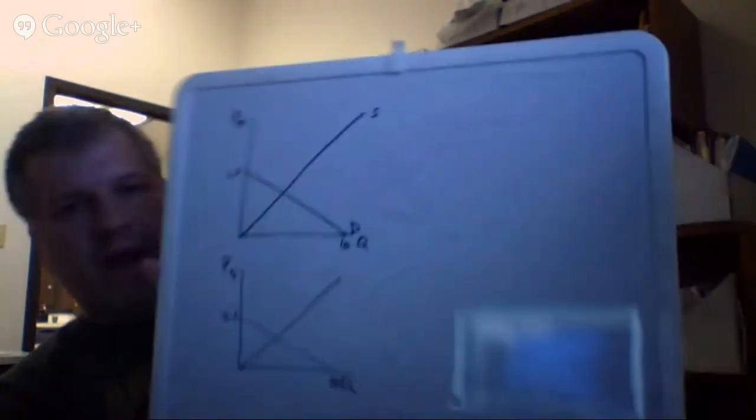And both of the graphs represent the exact same curve. So they're two duplicate graphs.